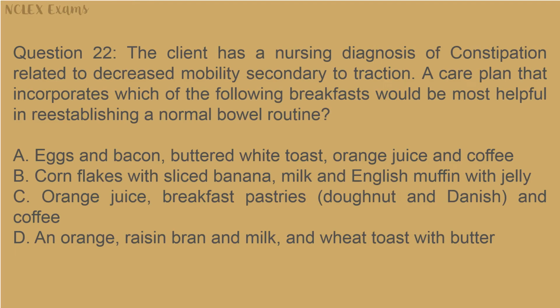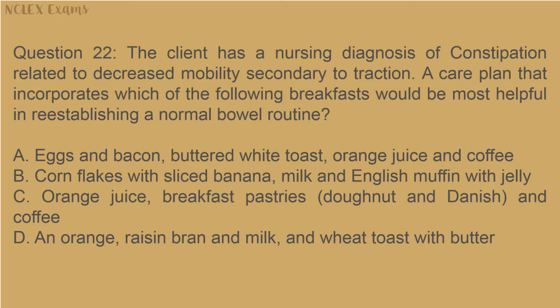Question 22. The client has a nursing diagnosis of constipation related to decreased mobility secondary to traction. A care plan that incorporates which of the following breakfasts would be most helpful in re-establishing a normal bowel routine? A. Eggs and bacon, buttered white toast, orange juice and coffee. B. Cornflakes with sliced banana, milk and English muffin with jelly.